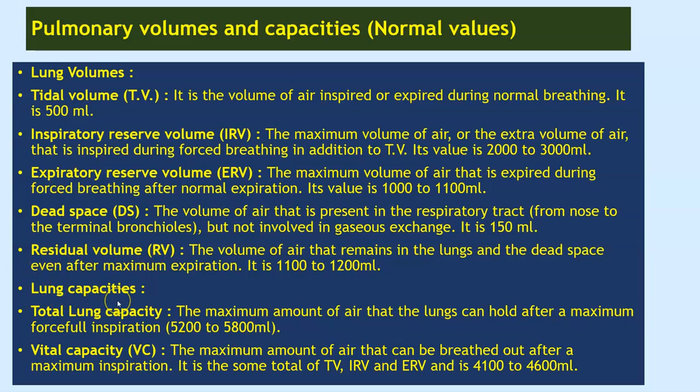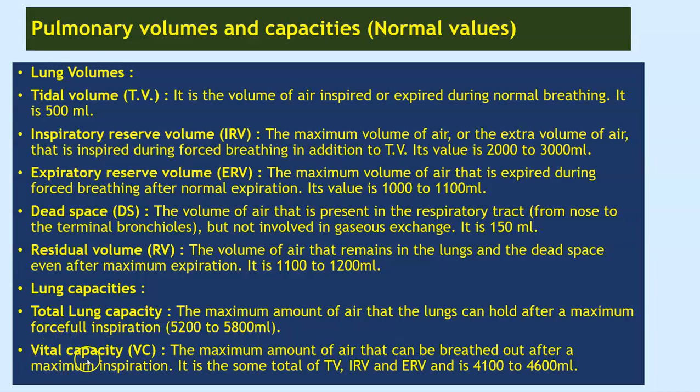Now let us have a look at the lung capacities. Total lung capacity, the maximum amount of air that the lungs can hold after maximum forceful inspiration. So when you are breathing in air to the maximum capacity, the volume of air that the lung can hold at that time is called the total lung capacity, which is around 5200 to 5800 ml.